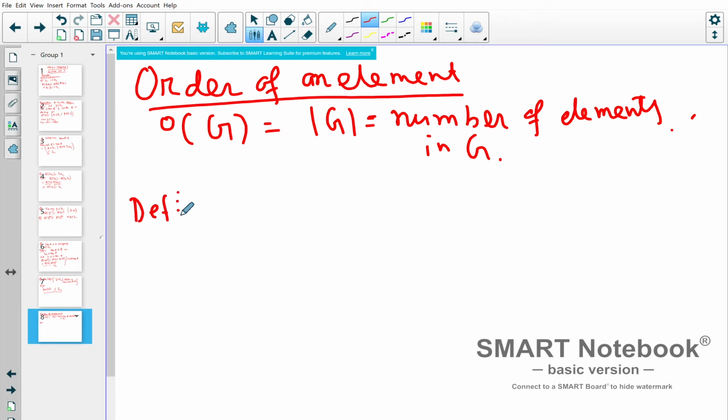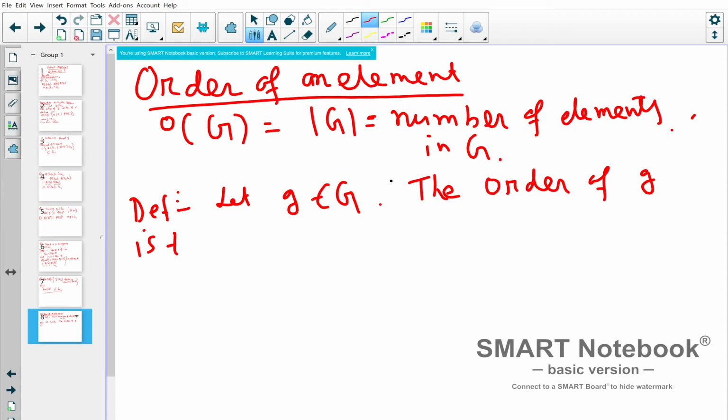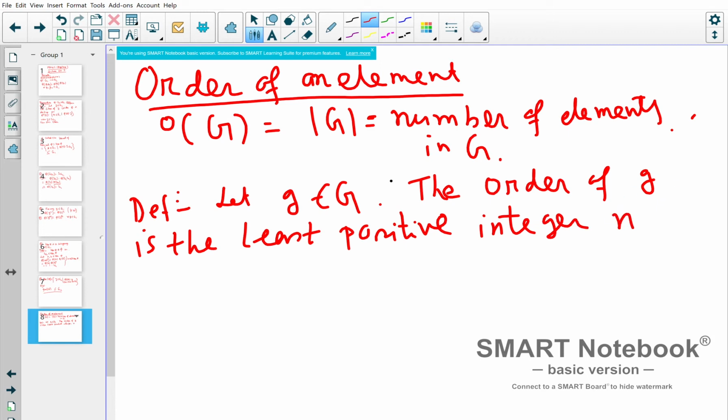Define: let G be a group that is given. The order of the element small g is the least positive integer n such that g to the power n equals identity.